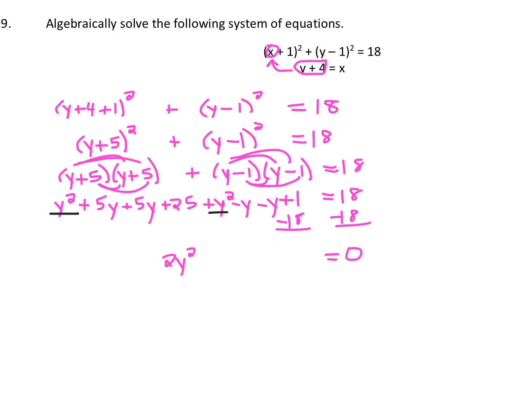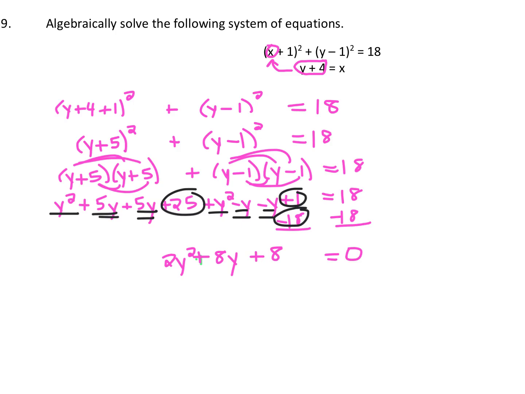And then we have 5y plus 5y minus y, which would be a positive 8y. And when we combine 25 plus 1 minus 18, 26 minus 18 would be 8. So we have plus 8.